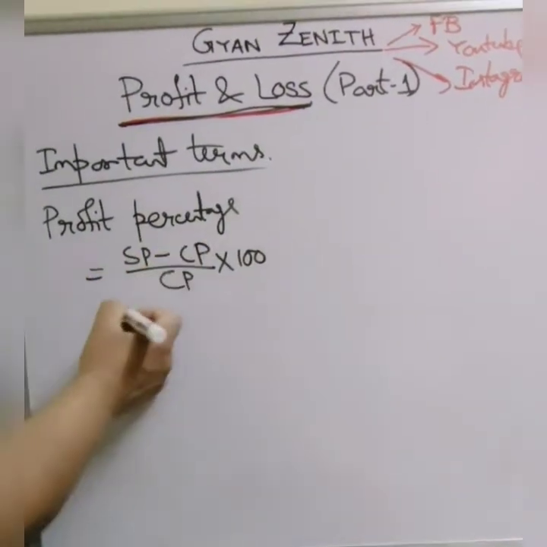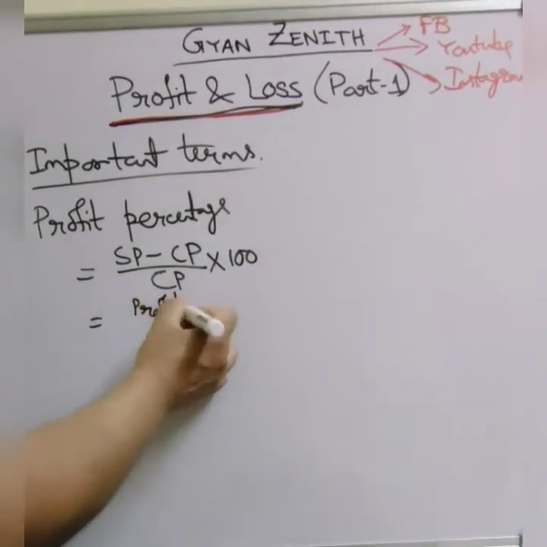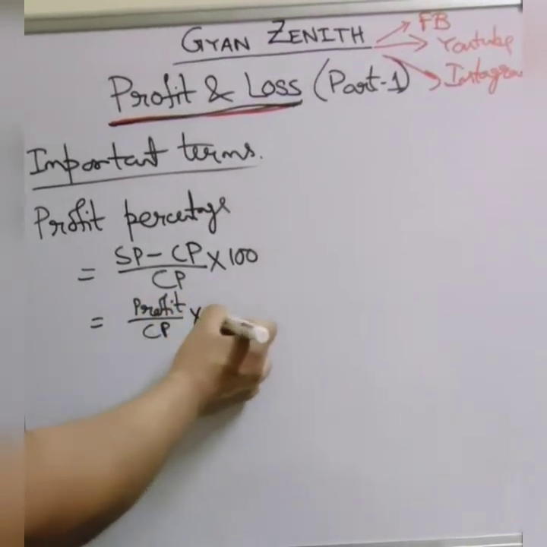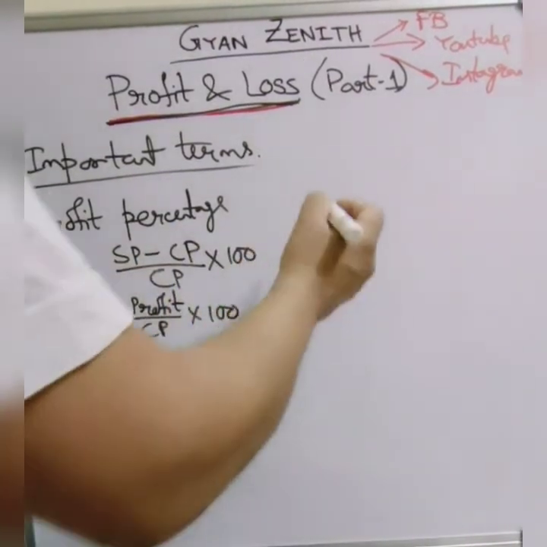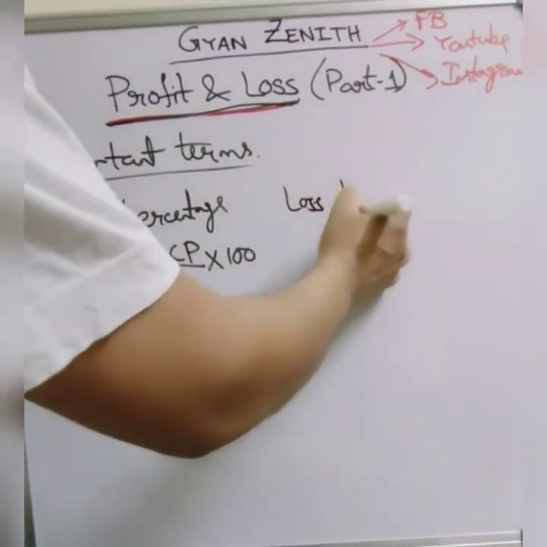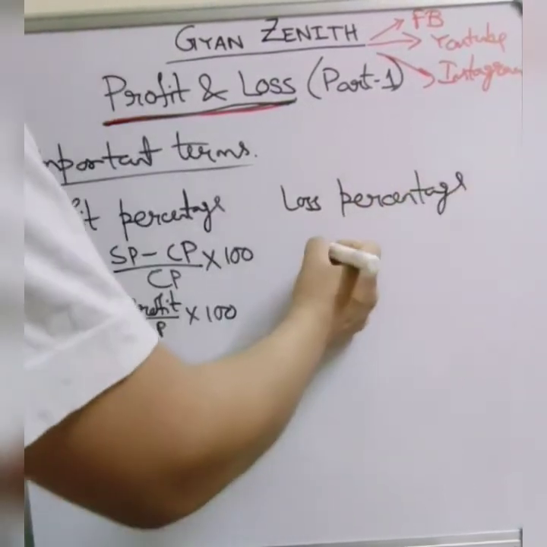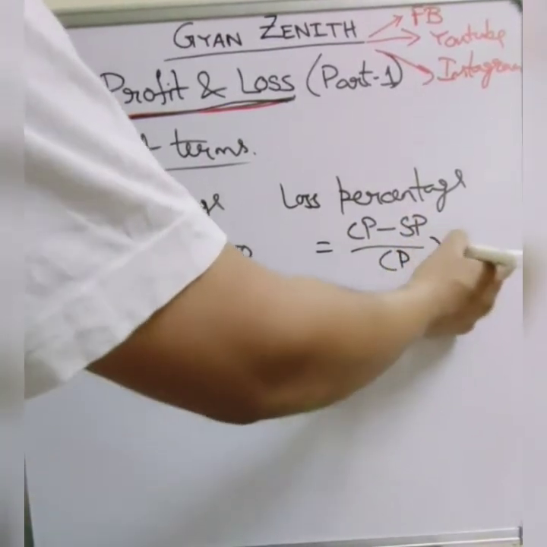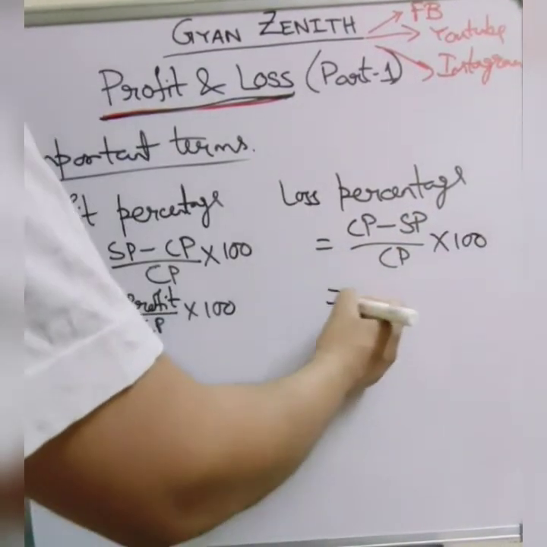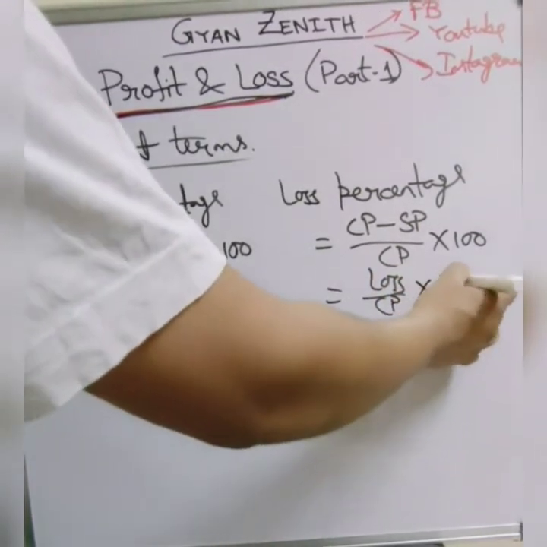SP minus CP was actually the profit or gain, so profit by CP into 100. Now the loss percentage is, on the other hand, CP minus SP by CP into 100, so loss by CP into 100.